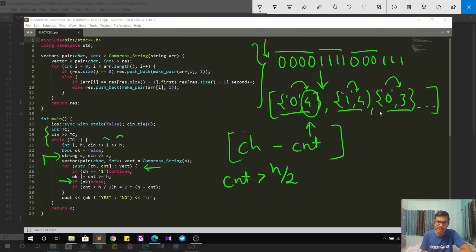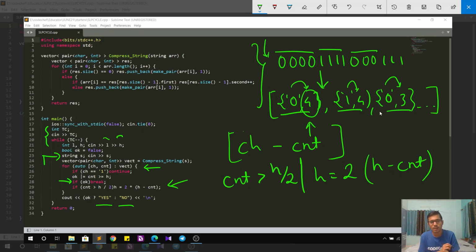If count is greater than h by 2, then only I do h equals to twice of h minus count, as you can see over here. And then this process keeps on going, and in the end I just check my boolean variable OK. If the value is true, it means that I have completed my sleep, then answer is yes, or else the answer is no. So this is pretty much the implementation.